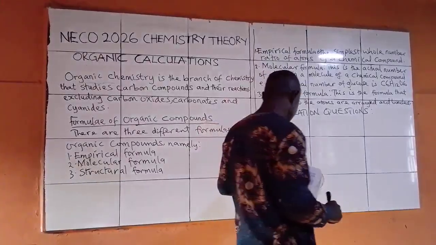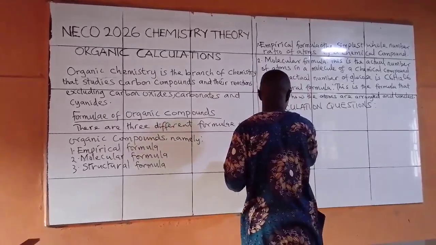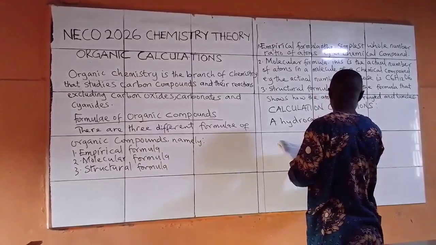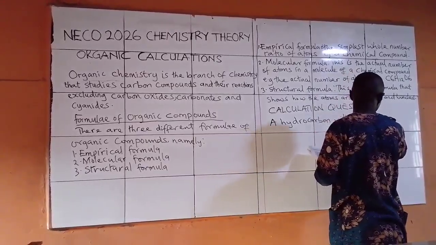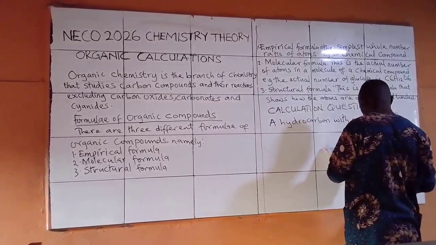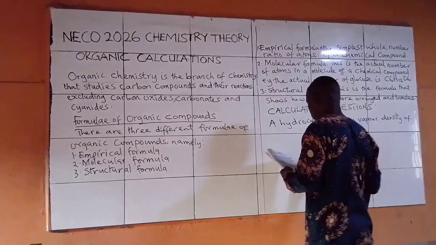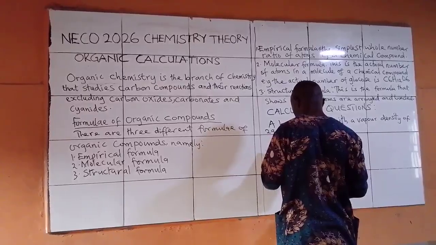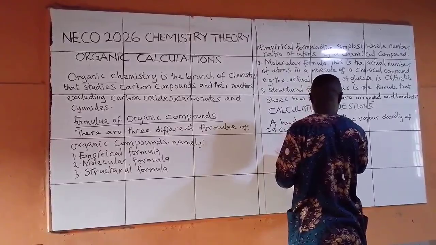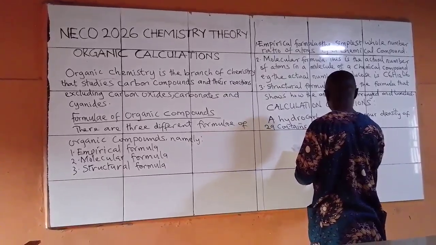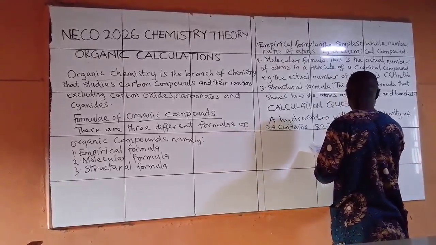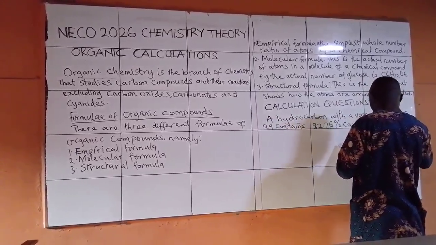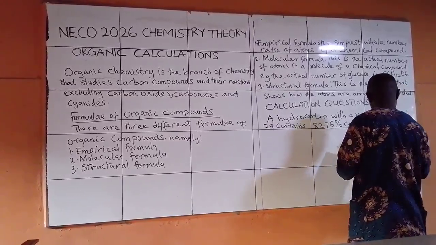The question says, a hydrocarbon with a vapor density of 29 contains 82.76% carbon and 17.24% hydrogen.